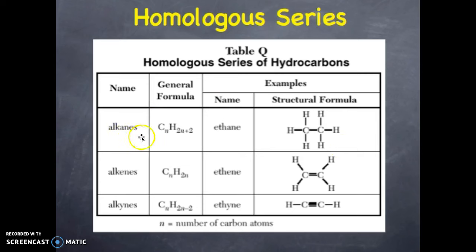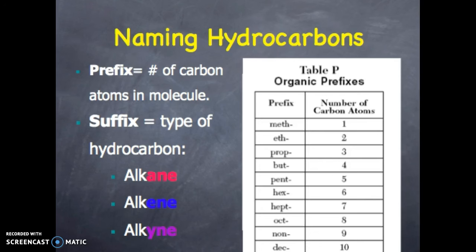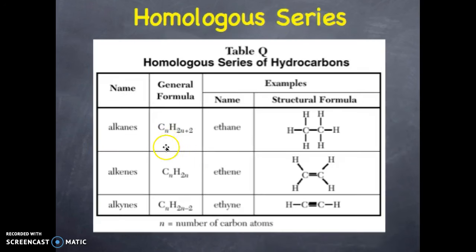First observation tells you that an alkane has a single bond between the carbons. An alkene, the ene, has a double bond. Double bond, remember, is 4 electrons being shared. And yne is a triple bond, so 6 electrons are being shared there. In the general formula, when you figure out how many carbon atoms something has, which you're going to use Table P, our prefixes, to do, you're going to plug that in.